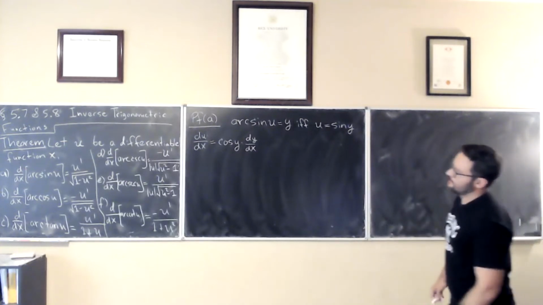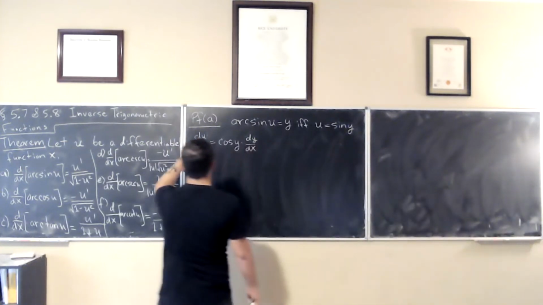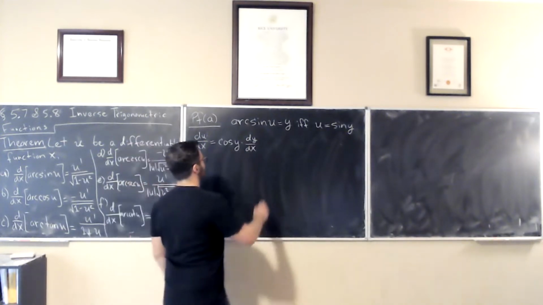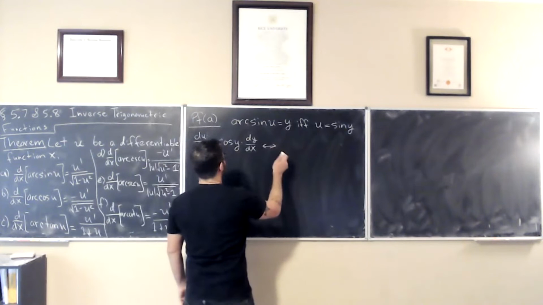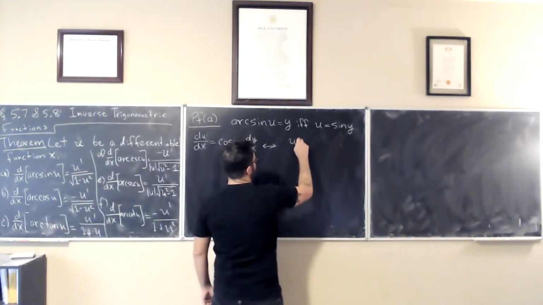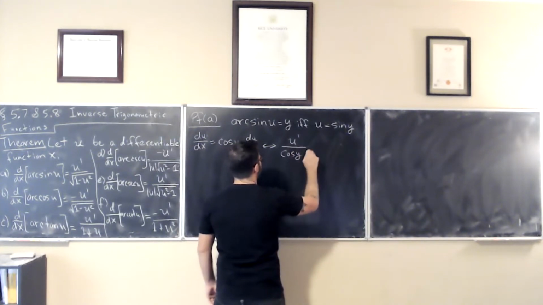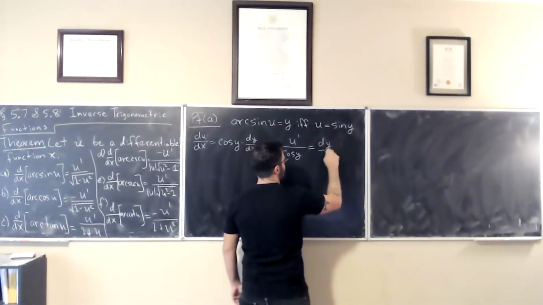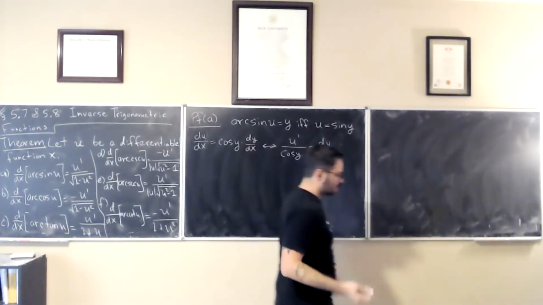Okay, so now I'm going to write du/dx as u prime, and see that if I divide both sides by cosine y, I get that u prime over cosine y is equal to dy/dx. Now, why did I do this?